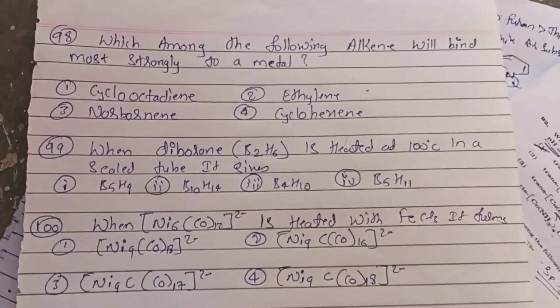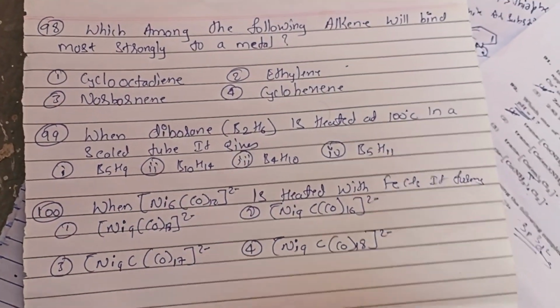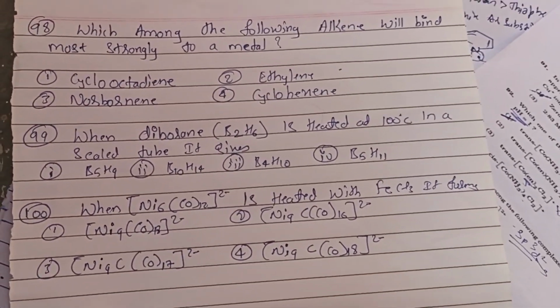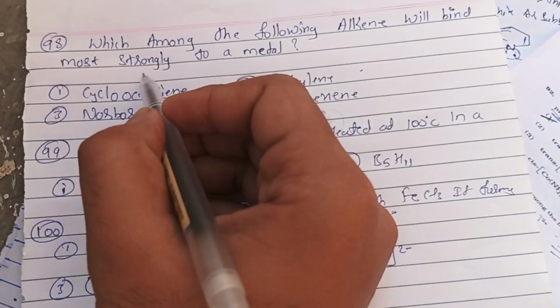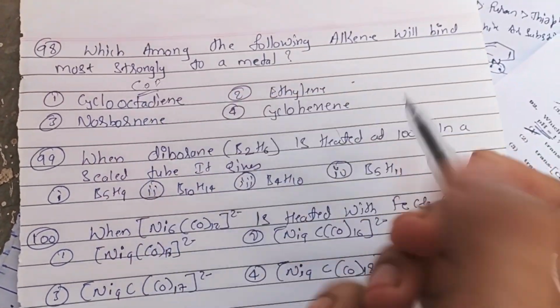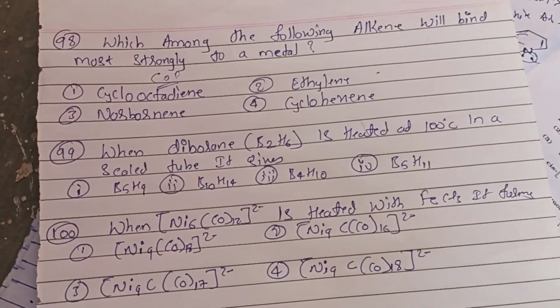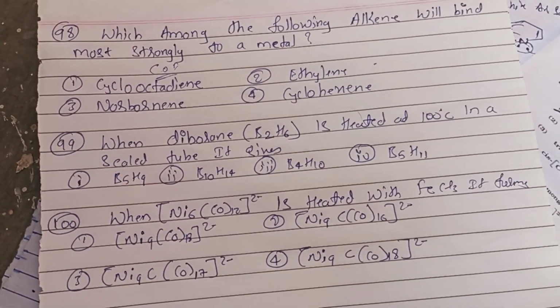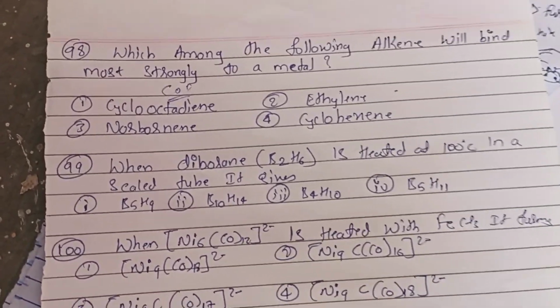Question 98: Which of the following alkenes will bind most strongly to the metal? They give cyclooctadiene, which is COD, and ethylene, norbornene, and cyclohexene. We all know that COD is one of the most chelating alkenes.